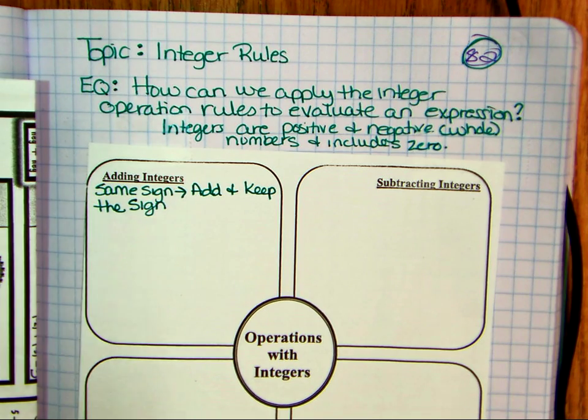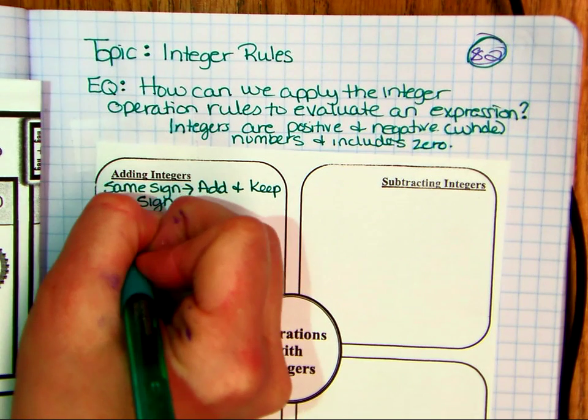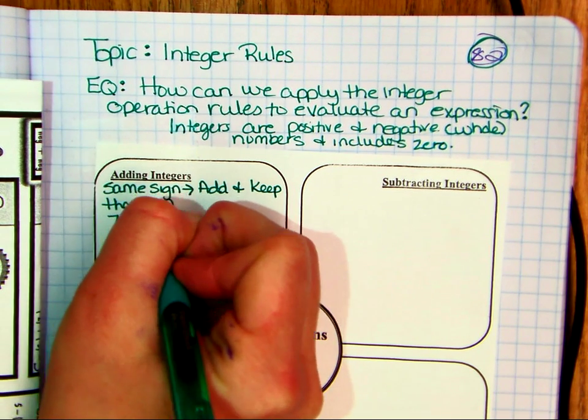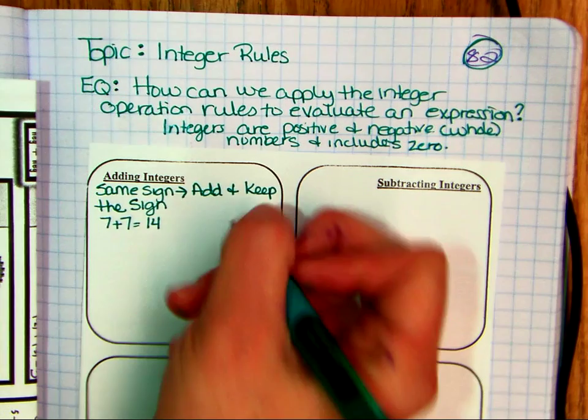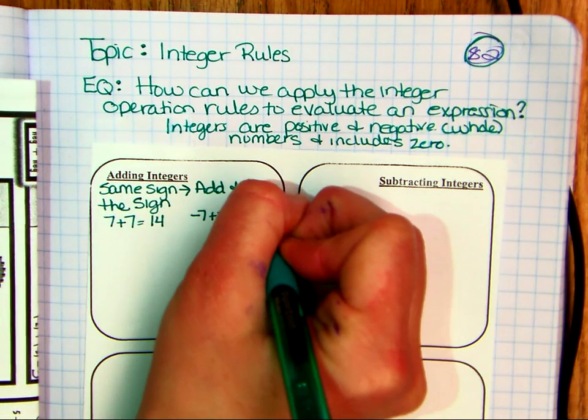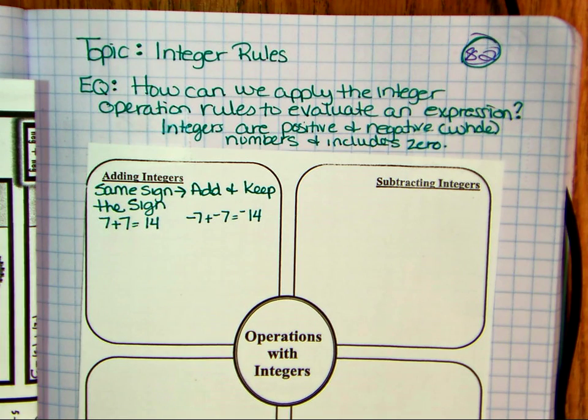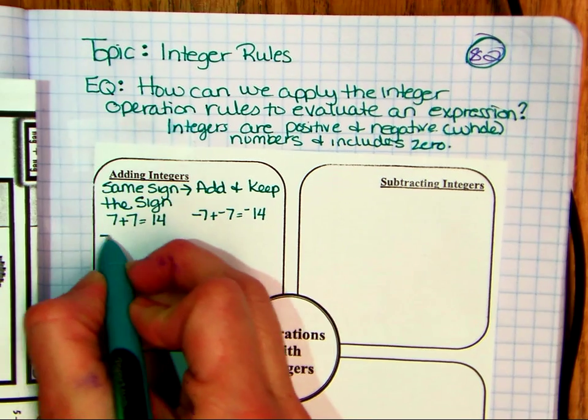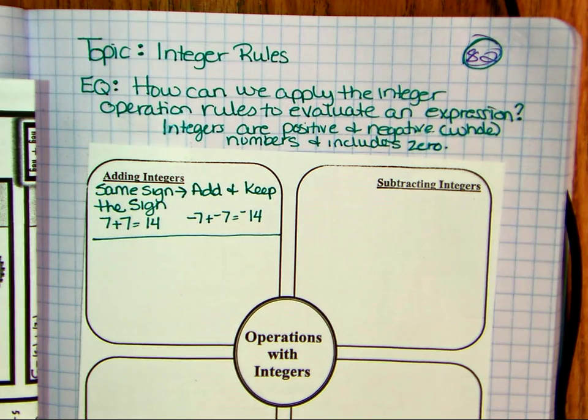So for example, if we have a positive 7 plus a positive 7, we end up with 14, and it's positive. If we have a negative 7 plus a negative 7, we're going to get negative 14, because 7 plus 7 is 14, and then it's a negative and a negative, so the answer is going to be a negative. Those ones are pretty straightforward.